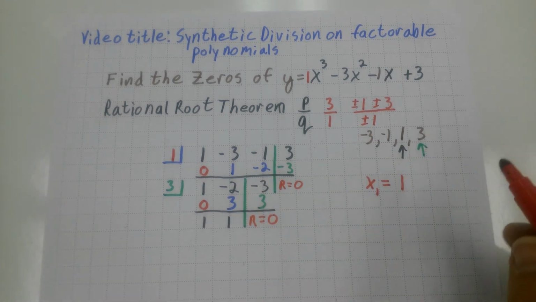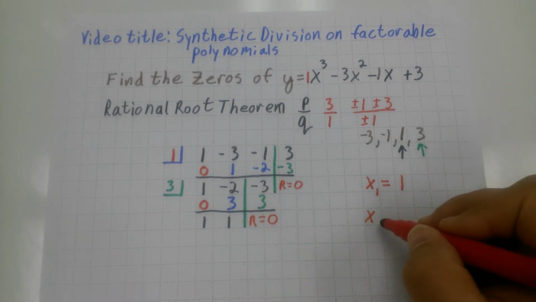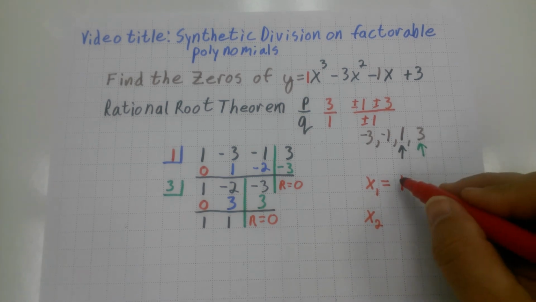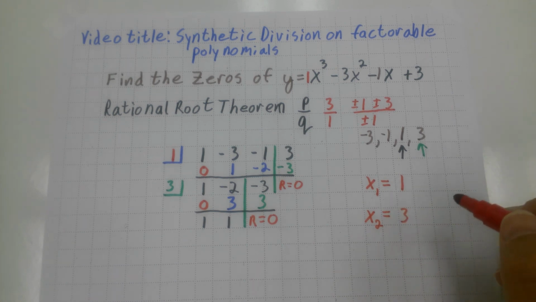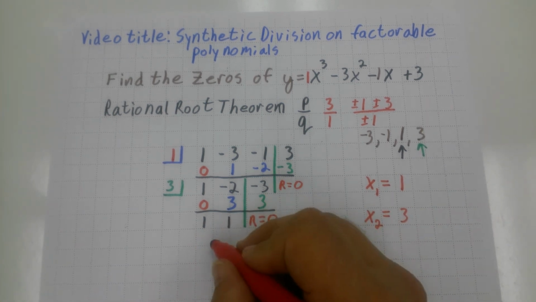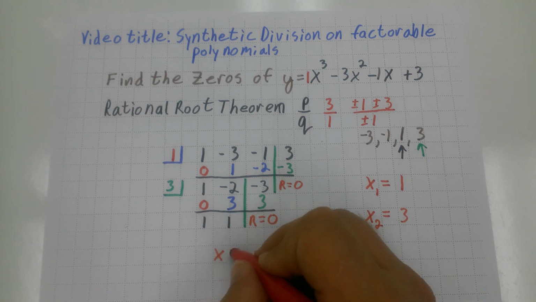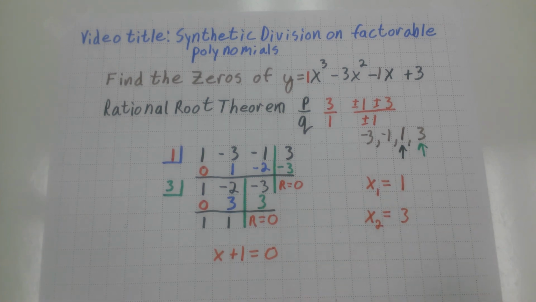I could try another synthetic process, but since I have two of my answers, one of them is x equals 1 and the other one is x equals 3, I'm going to say that this is x plus 1 equals 0. I'm going to set up this little tiny equation and then solve that for x.